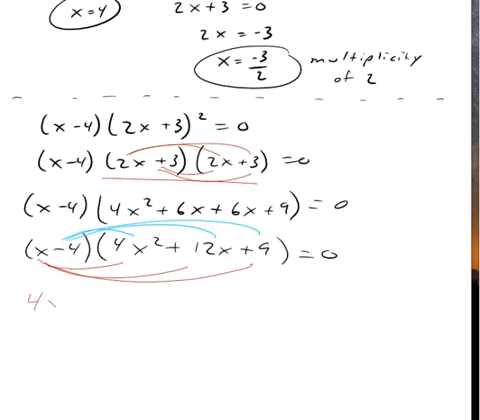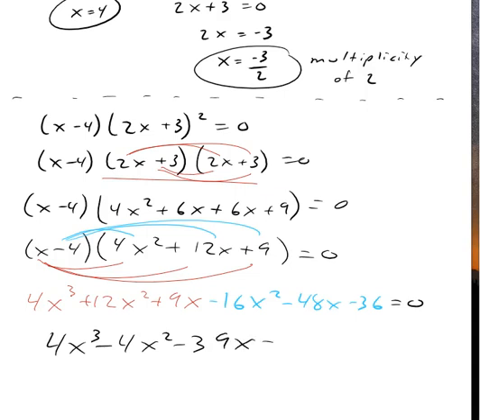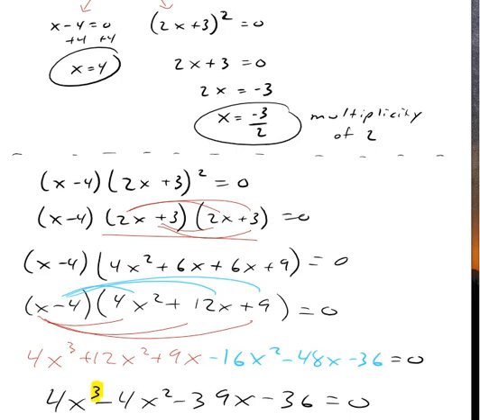So in red I will get 4x cubed plus 12x squared plus 9x. In blue I'll get negative 16x squared minus 48x minus 36 equals 0. Combine like terms. The degree equals 3. That is my biggest exponent, and I did have 3 answers here, 3 zeros. 1, 2, and since multiplicity of 2, it's going to be another one, so 3.